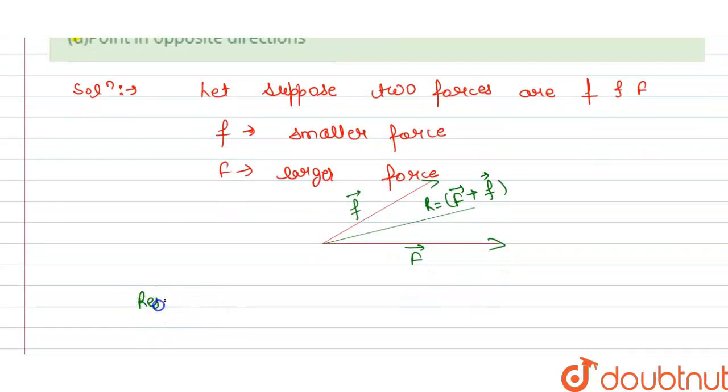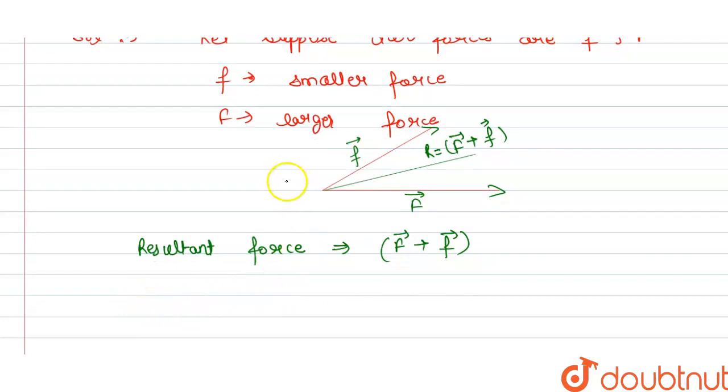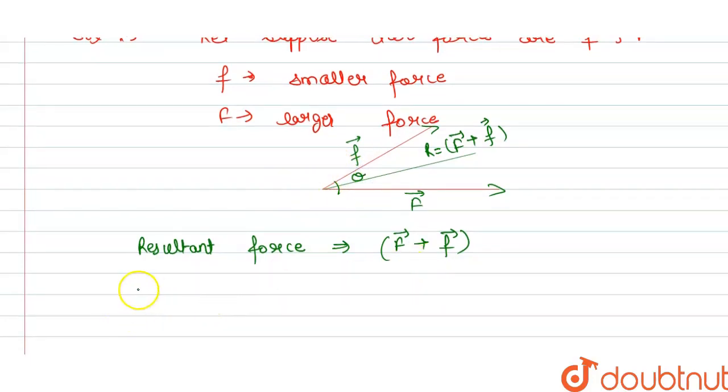So we can write our resultant force is F plus f, small f and capital F. Here is angle theta. If we take the magnitude of the resultant force, it is equal to the magnitude of the smaller and larger force.